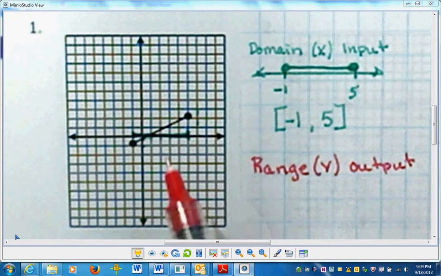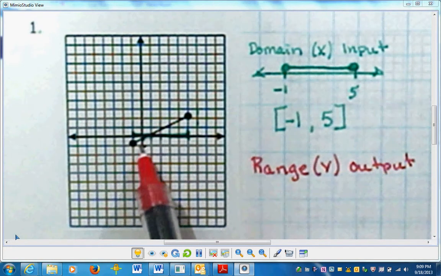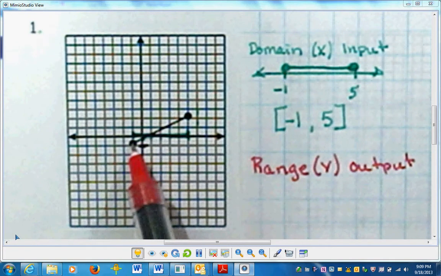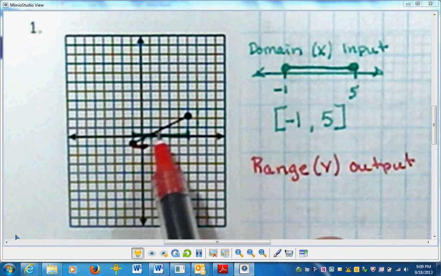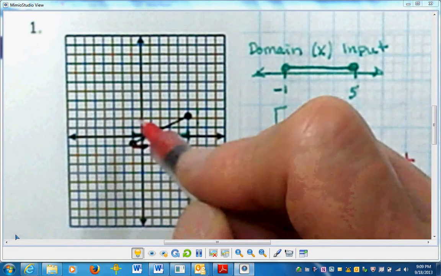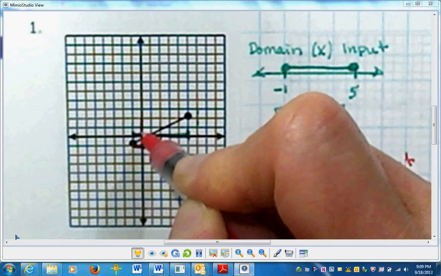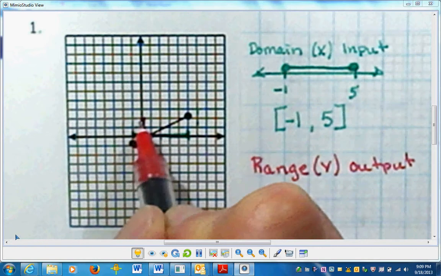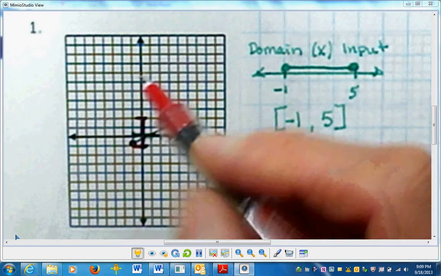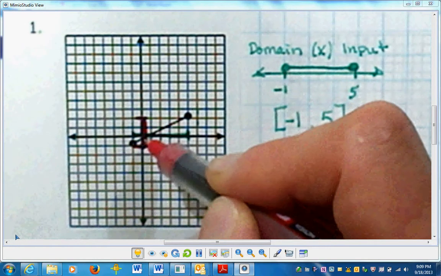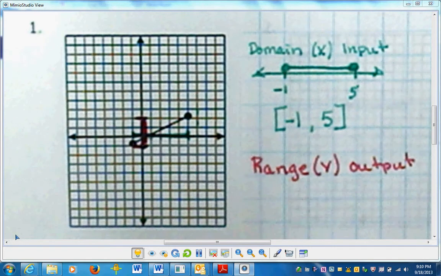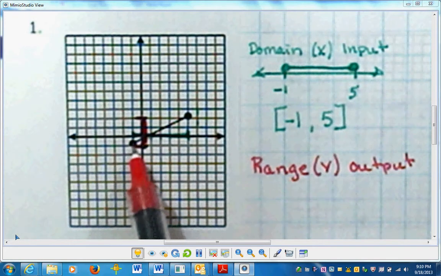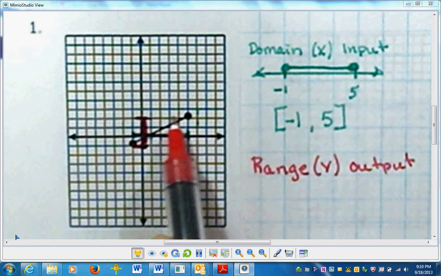So when I'm looking here, my output begins right here. That's the first place where my y corresponds with the function that's drawn. And it goes all the way up my y-axis until I get to this function right here, that part of the function. So that part there in red is my range.